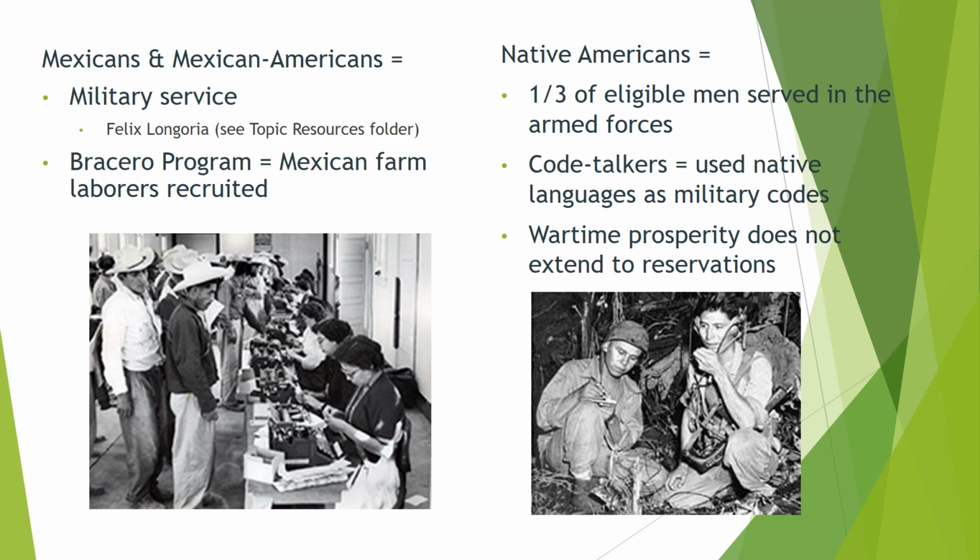So you may have heard about the Navajo Code Talkers, and this is a group of young men who spoke the Navajo language and then transitioned that language into a code. The reason this was possible is because there were roughly 5,000 Navajo speakers in the world, and every single one of those people was a Navajo Indian.